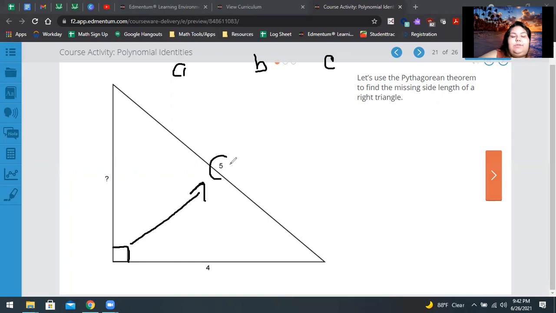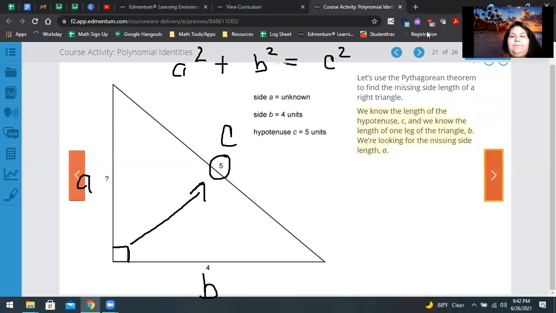That is always your C here. Then again, this could be A or B. We'll just say A, this is B. So now you're missing A. Go ahead and plug it into the formula for A squared plus B squared is equal to C squared, and find that missing side. And I think that's what they're going to bring for you right here.